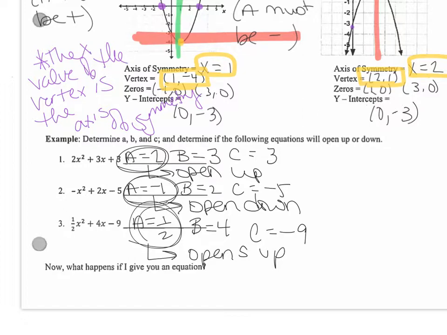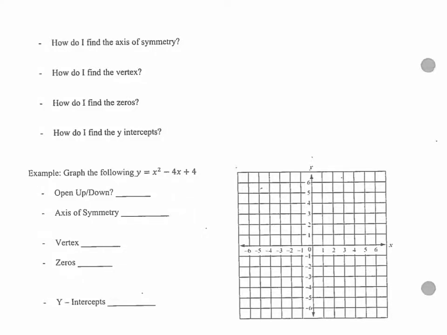So let's go ahead and see what that's going to look like. Flip your paper for me, please. In order to graph a parabola successfully, you need to know how to find these pieces of information. If you do not have those pieces of information memorized, you're not going to be able to graph it. So just keep that in mind as we are progressing through this.